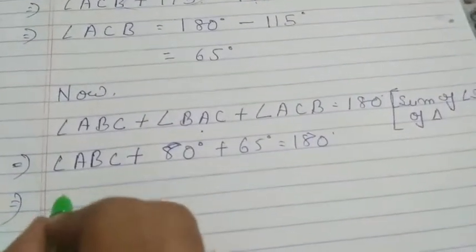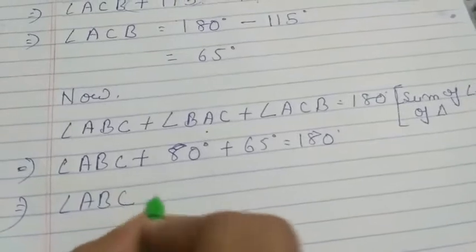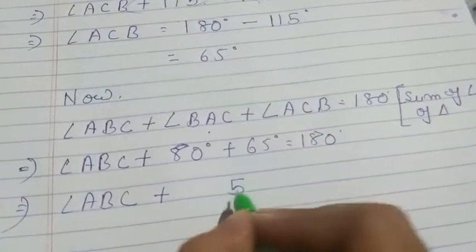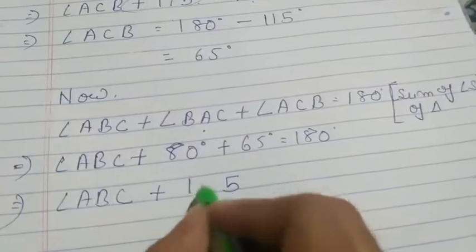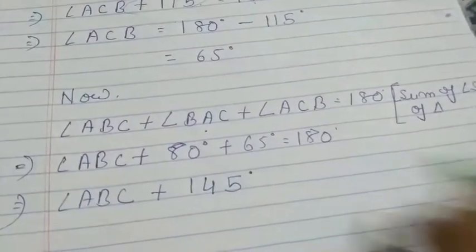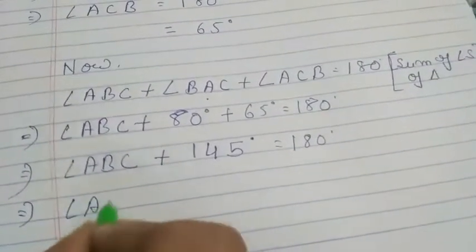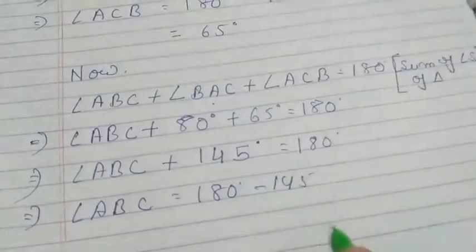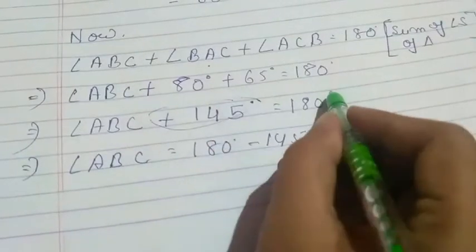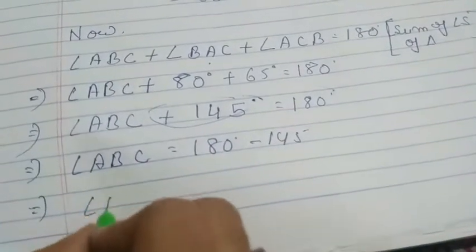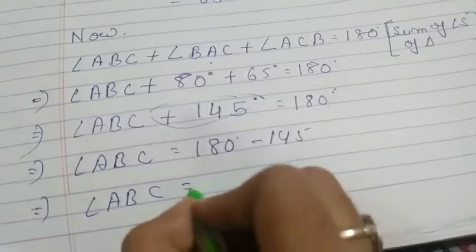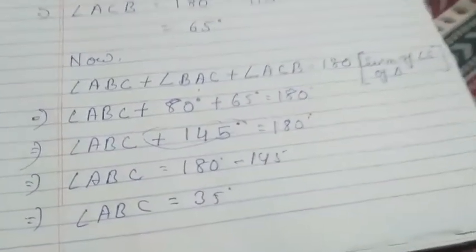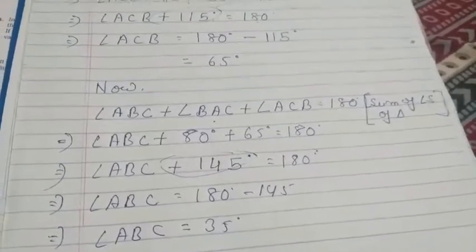Now ABC plus, just add it. Next, you just have to transpose the number. You transpose this one to this side. Now angle ABC is 35 degrees.